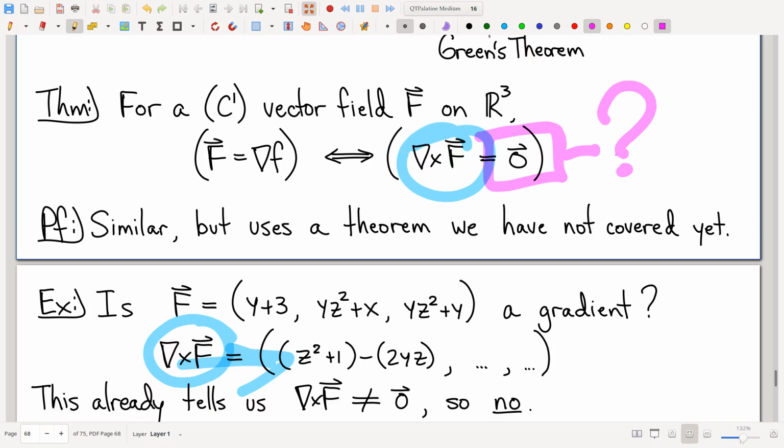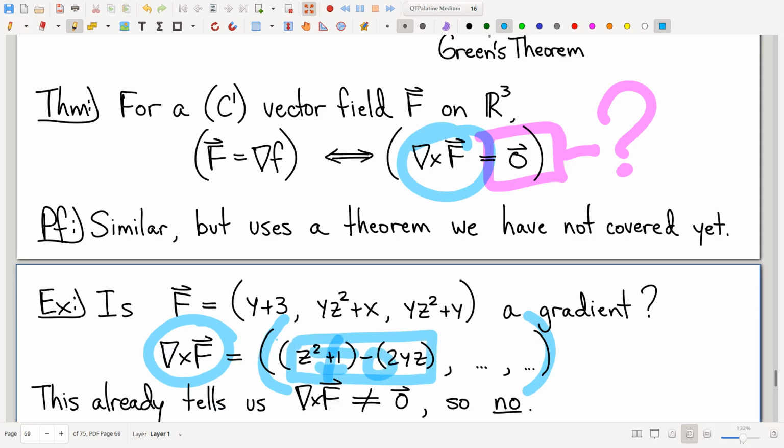Okay. So you start computing the curl and something kind of lucky happens. This curl that we're computing here, you notice that we already have non-zero in the first coordinate. I haven't computed the second coordinate or the third coordinate yet, but here's the thing to keep in mind. All I care about is whether this is or is not a gradient. Therefore, all I care about is whether the answer is or is not the 0 vector. And I can already tell this is not going to end up being the 0 vector.